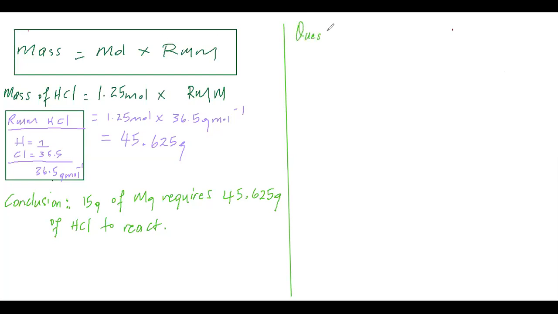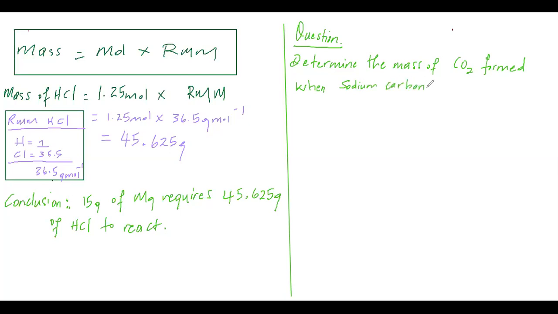Question. Determine the mass of CO2 formed when 10 grams of sodium carbonate reacts with sulfuric acid according to the following equation.